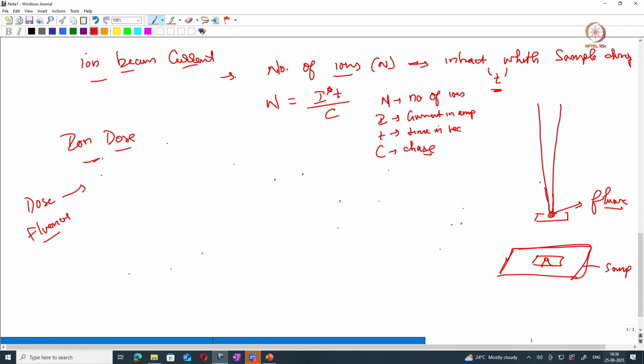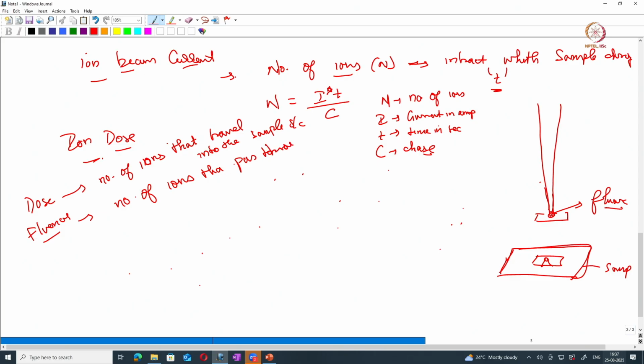Okay. So dose is the number of ions that travel into the sample surface, but the fluence is the number of ions that pass through a cross section prior to the interaction with the sample.